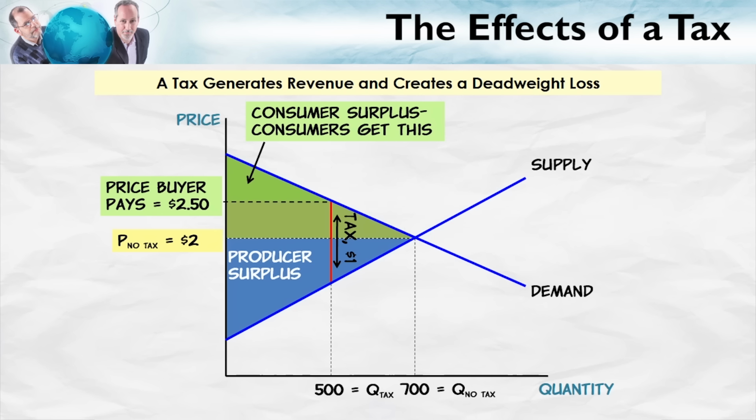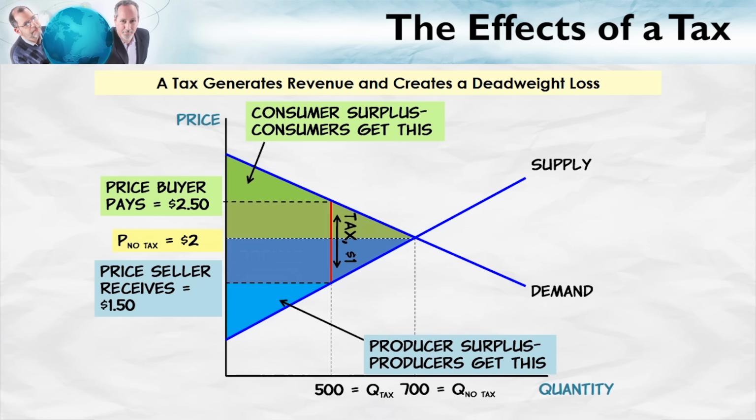In this case, it gets a lot smaller. What about producer surplus? Well, again, the price which the sellers receive falls. So producer surplus is no longer this large blue area, but is now just this much smaller blue area. So the tax reduces consumer surplus and it reduces producer surplus.